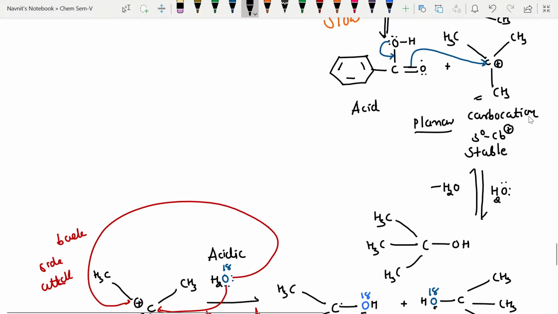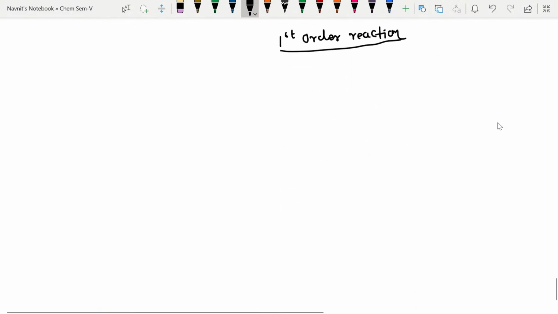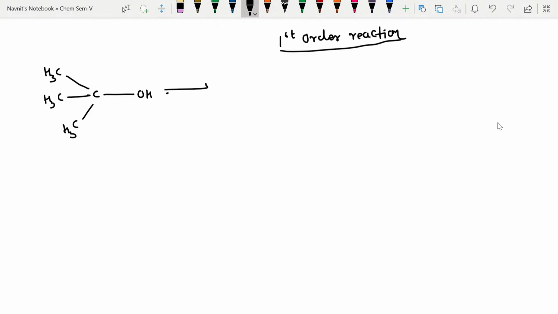Okay, what happened in the first step of esterification? Let me write here. First, this tertiary butyl alcohol in the presence of H plus gives protonated alcohol.